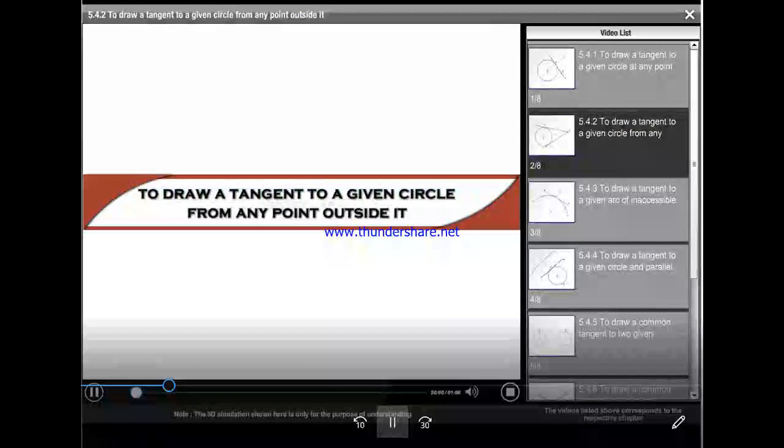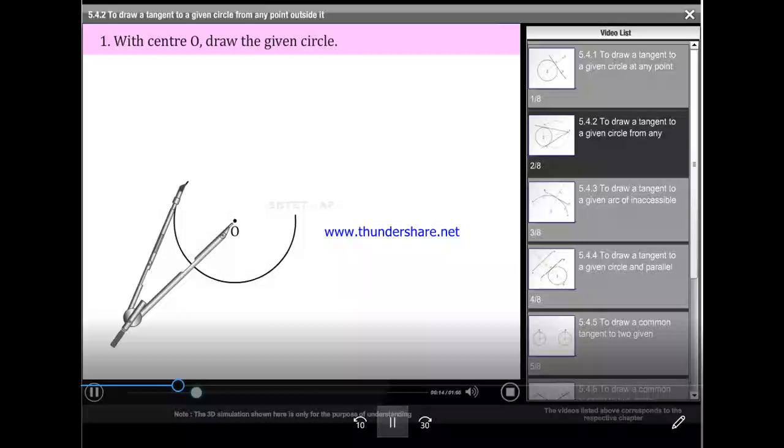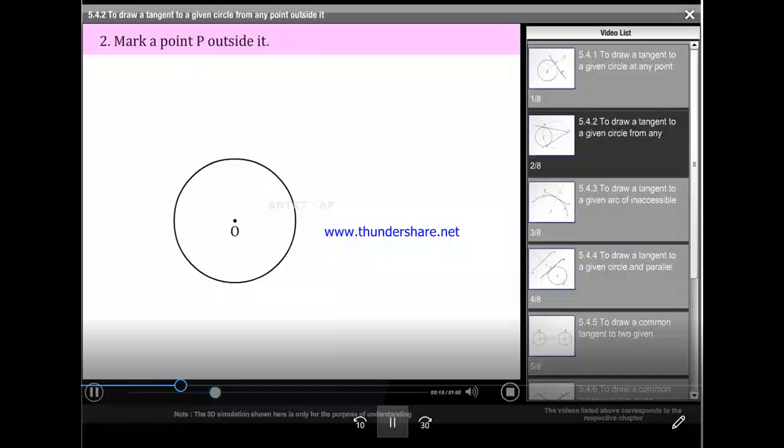To draw a tangent to a given circle from a point outside it, with center O, draw the given circle. Mark a point P outside it.